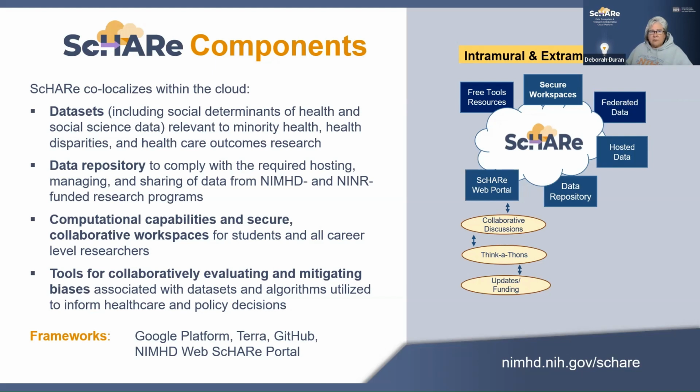We're going to have a data repository, which is coming soon. We have computational abilities, and we have multiple tools that will help you, and we're going to learn some of those today. It is a Google platform. In other words, Google is behind all of this. Terra is our front page, which is what we're doing now. And of course, it's connected to GitHub and the ScHARe portal. Next.